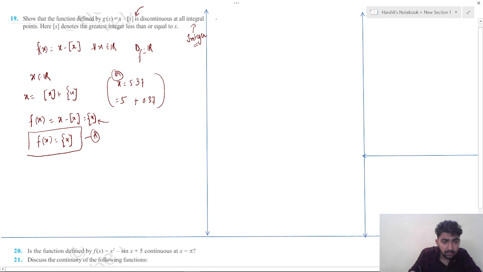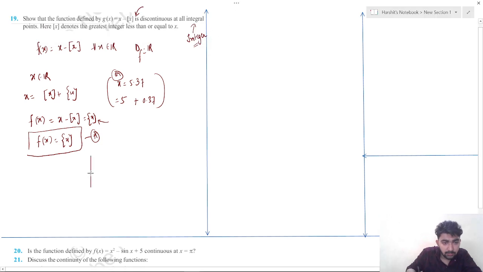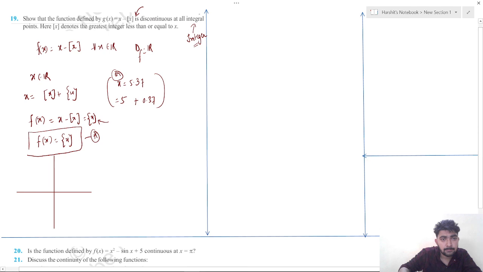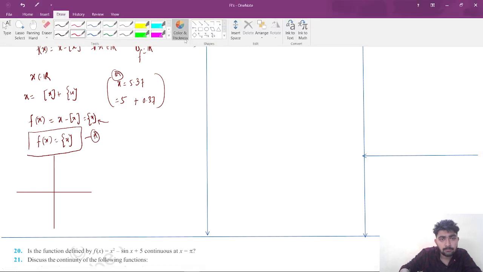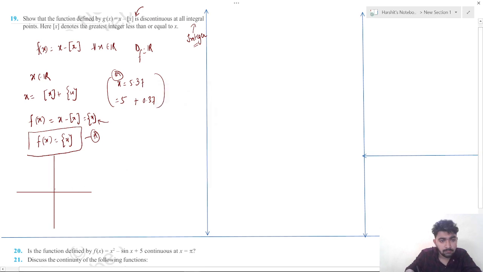Here we have the graph of this function.